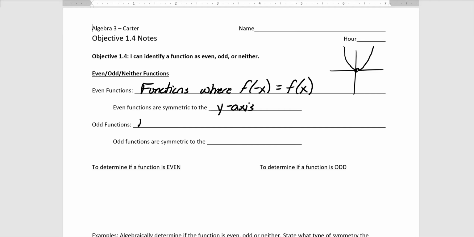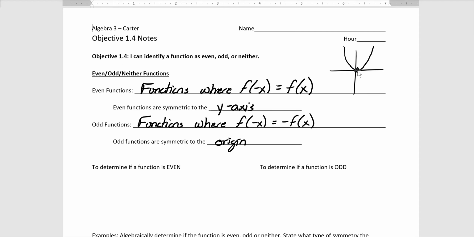Odd functions are functions where f of negative x equals the negative f of x. All right, and these functions are symmetric to the origin.